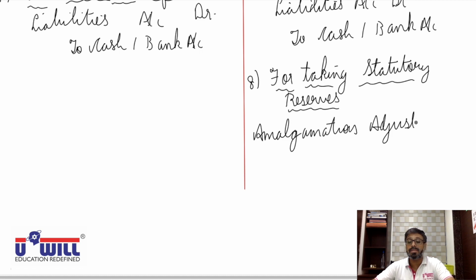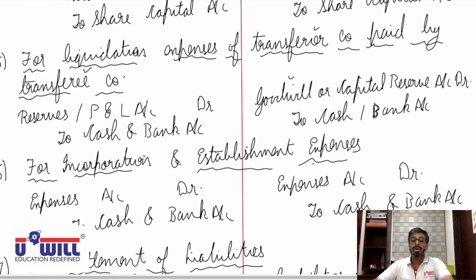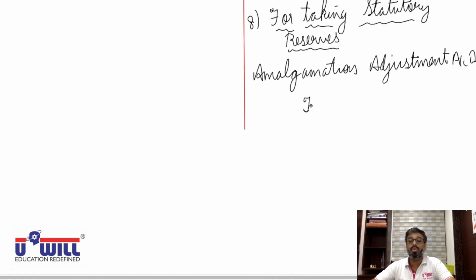Why amalgamation adjustment? Because we have to do the adjustment to take over these reserves. So amalgamation adjustment account debit to statutory reserves account.